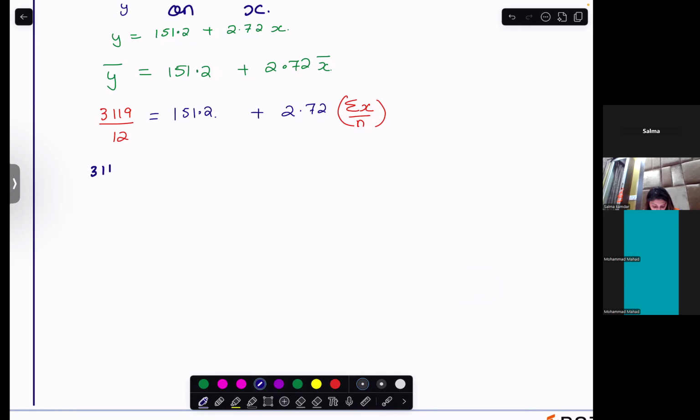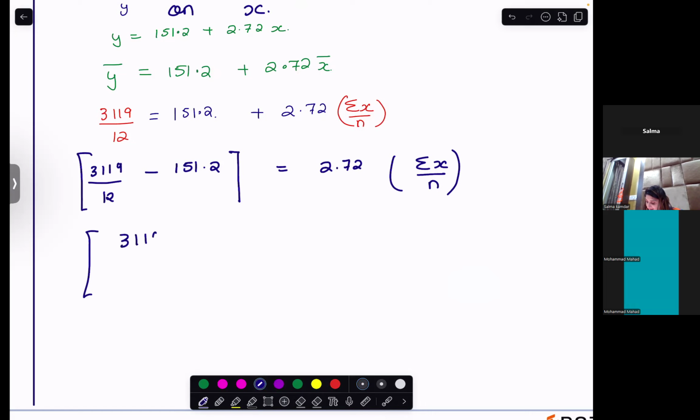So it's going to be 3119 by 12 minus 151.2 is equal to 2.72 sigma x by n. Are you with me? So it's going to be 3119 by 12 minus 151.2, the whole divided by 2.72, and this n is 12, so multiplied by 12 is going to give me sigma x.